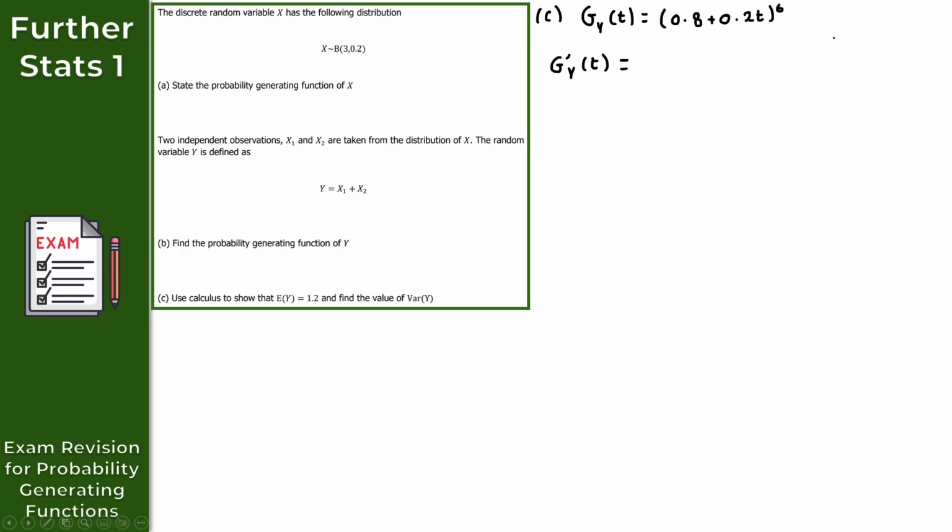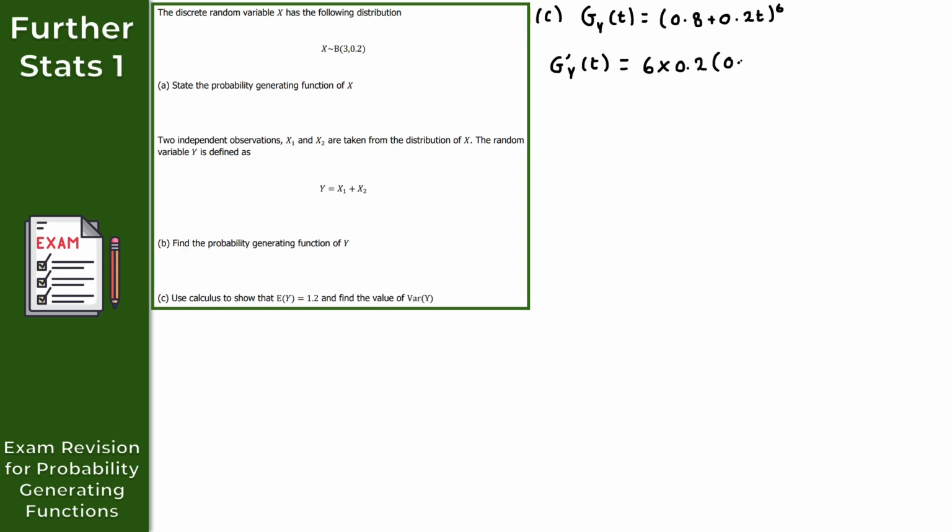To differentiate this, hopefully nice and straightforward, we're simply using the chain rule. So just some basic A-level maths differentiation here. So what am I going to get? Well, we bring the power down in front, so I'm going to get 6. We then times it by the derivative of the inside of the brackets, that would be 0.2. So 6 times 0.2, and I've got the bracket, and don't forget we reduce the power by 1.